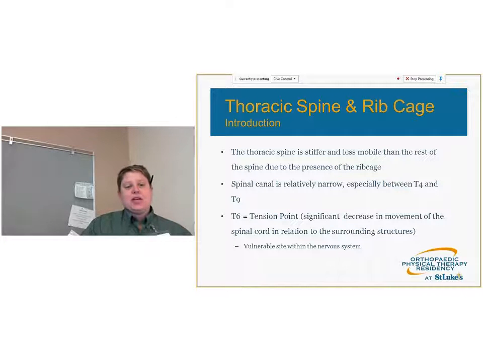The spinal canal is relatively narrow, especially in the midsection between T4 and T9, and this can create a tension point, which is basically a significant decrease in motion in the spinal cord and the surrounding structures. The reason why that is important to note is because that can make a very vulnerable site for the nervous system when there's an injury. So that's an area that we should look at to address.